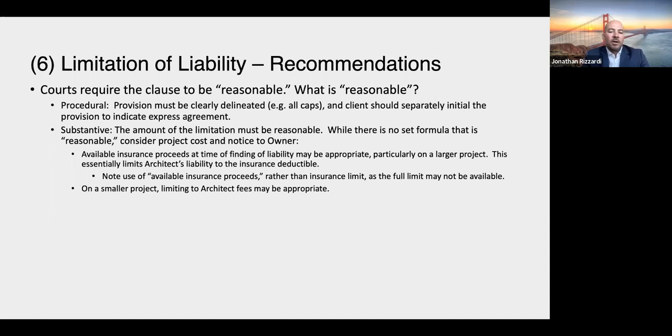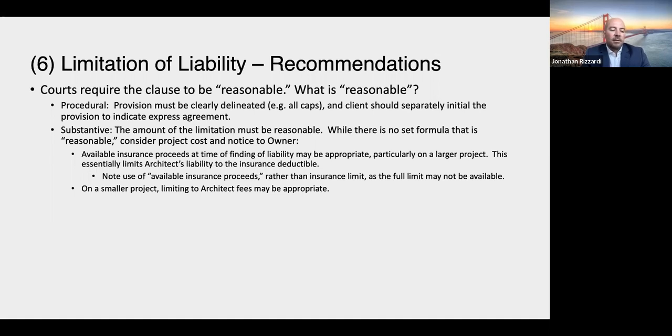Typically on a bigger project, or maybe even on a smaller project, I see a lot of clauses where the architect's fees are used. And generally, I think that's probably not going to be considered reasonable by a court. The reason that the insurance is a nice way to go as well is because if the client knows your insurance policy through the contract, then he can't really argue that he didn't have notice of what it was.